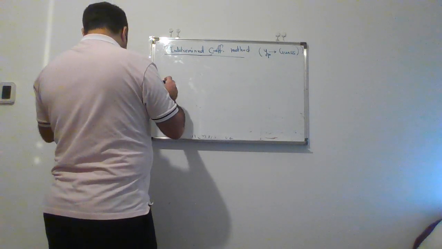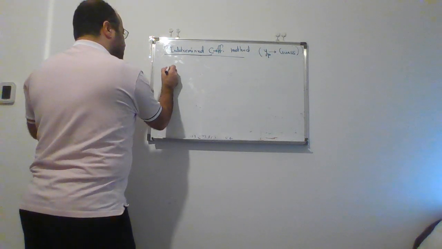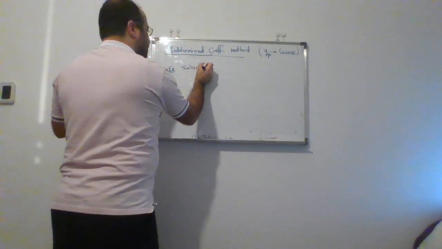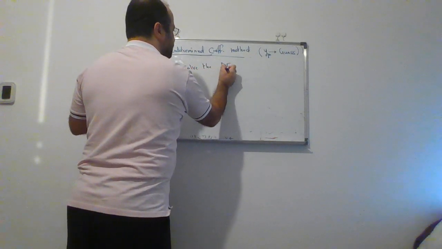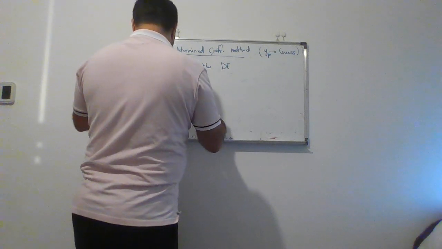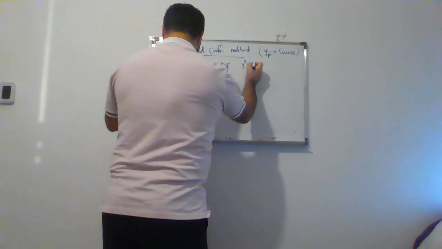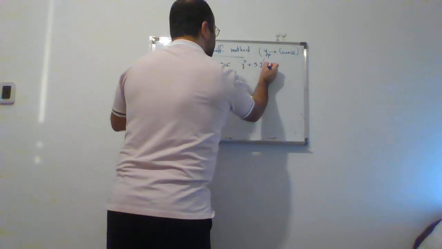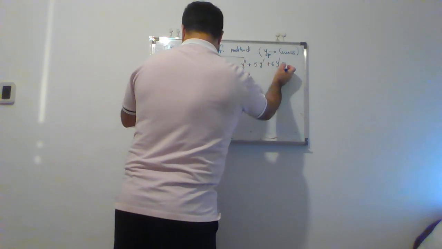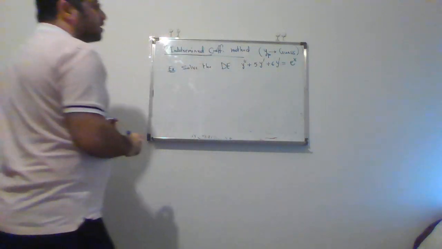It says solve the differential equation y double prime plus 5y prime plus 6y equal to e to the x. How are you going to solve this?